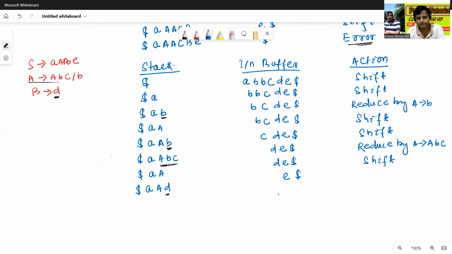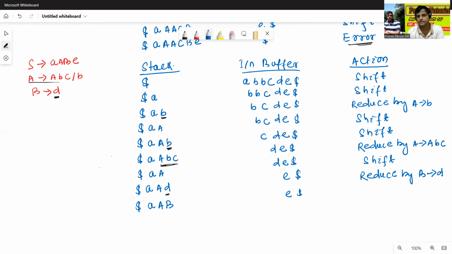So E dollar, then reduce by B to D. So this is dollar A, then B, then E dollar. Is there any handle possible?